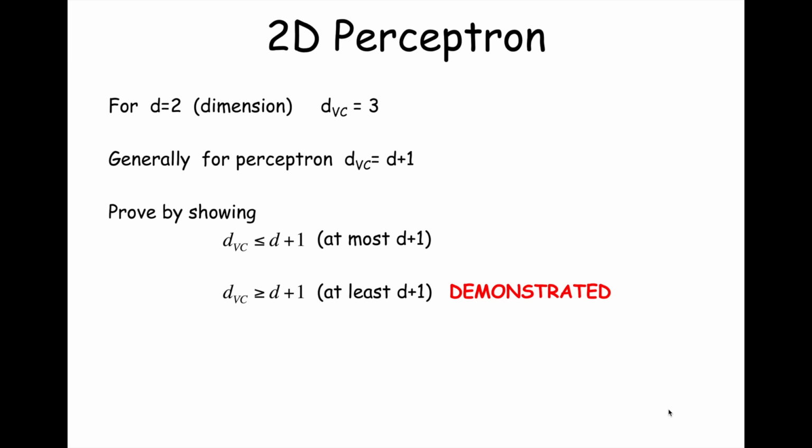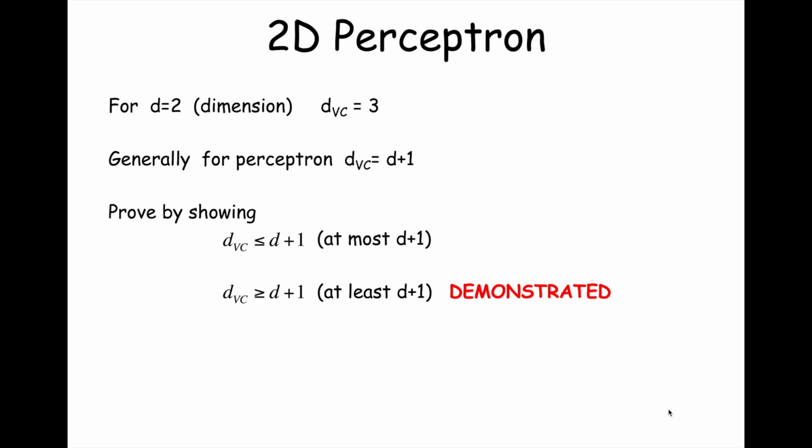The VC dimension is one less than the breakpoint. Breakpoint is that data set size where the hypothesis set can no longer produce all 2 to the n dichotomies. But the VC dimension is related directly to the growth function. VC dimension is the data set size where you can produce all 2 to the n dichotomies, where the growth function is how you measure the dichotomies.